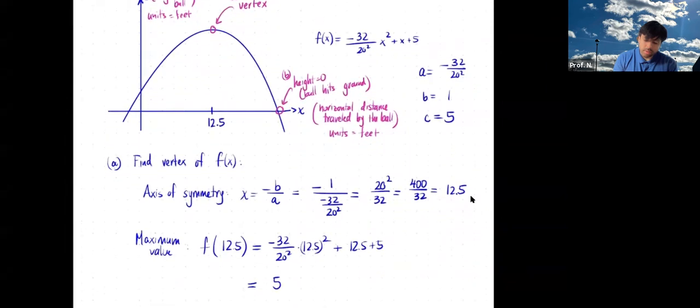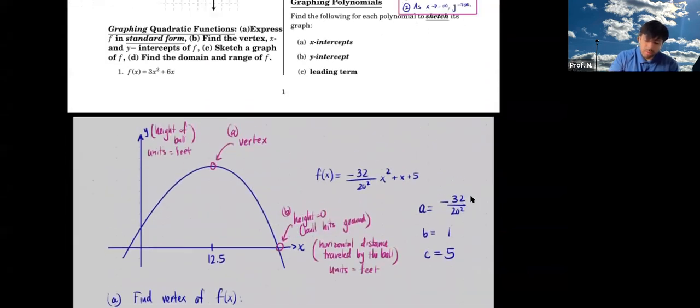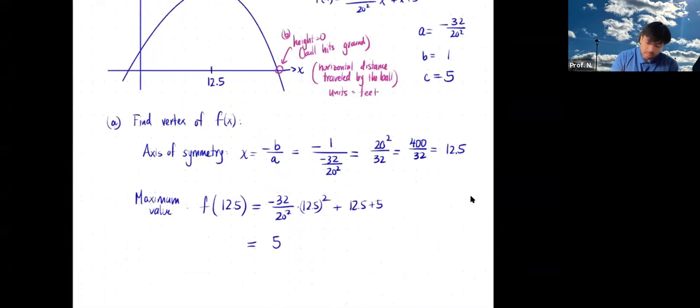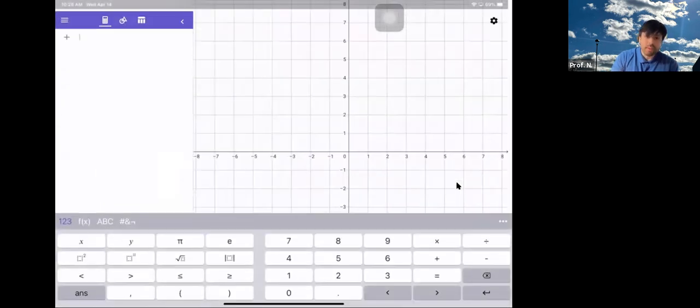Hold on, 20 squared. Let me just write that down. I don't think there's a problem. Hold on. Let me see if I can graph this.